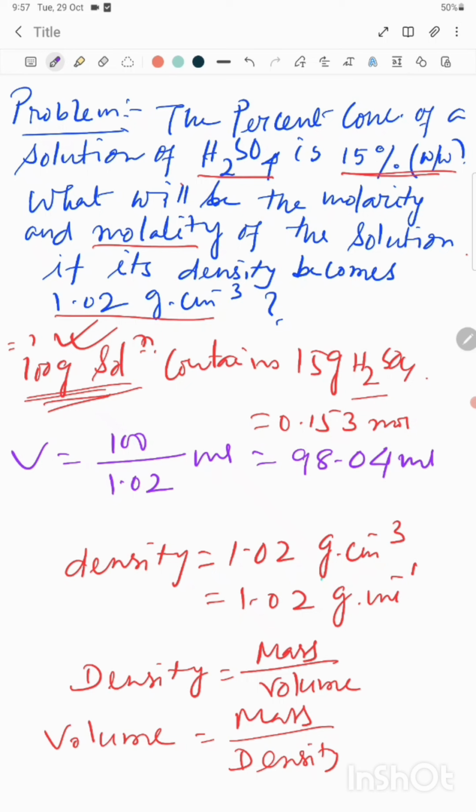So now we got 98.04 ml solution. So the volume of the solution is 98.04 ml, as well as we got the data of the number of moles of solute.